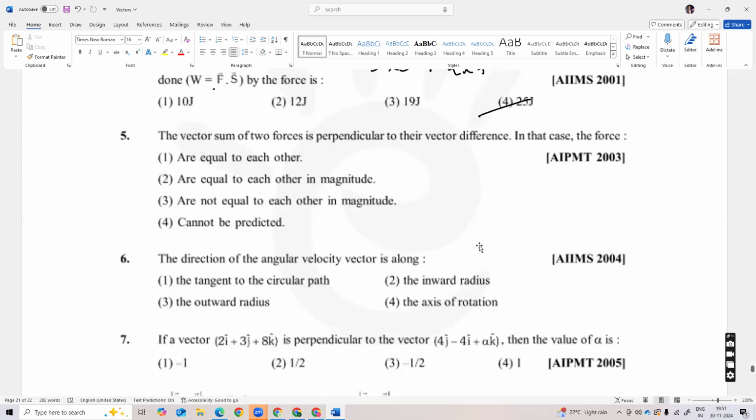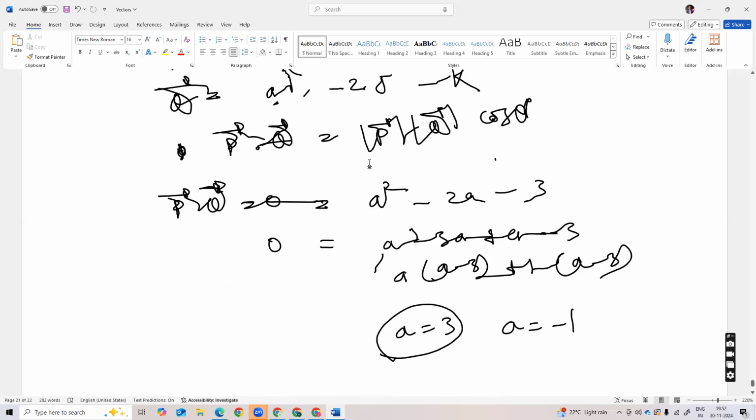Then: the vector sum of two forces is perpendicular to their vector difference. In that case, what are the forces?